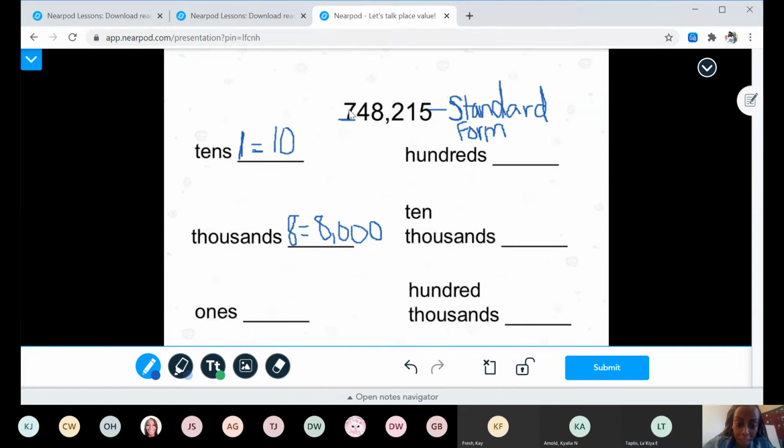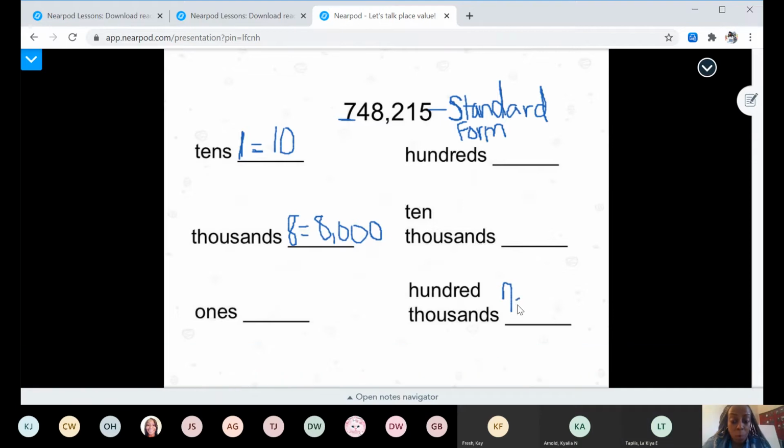So now, I know that I have a 7 in the 100,000s place, but I want to think about the value of it. I know 100,000s may be a little hard, but if I had a 7 in the hundreds place, then it would be worth 700. But this time I have a 7 in the 100,000s place.